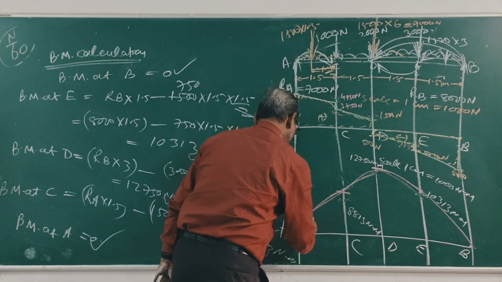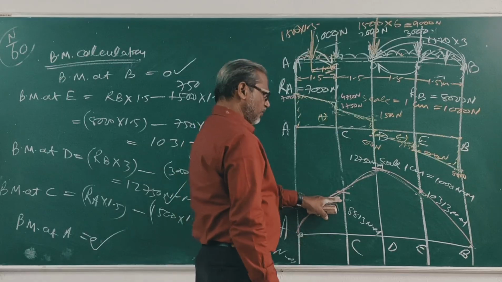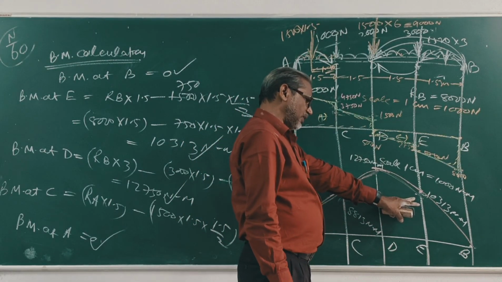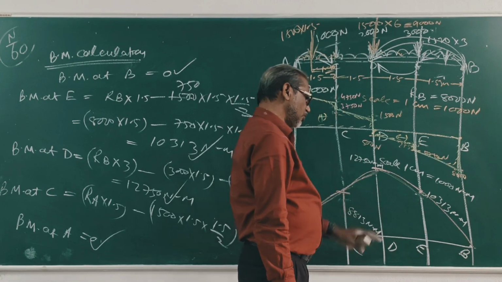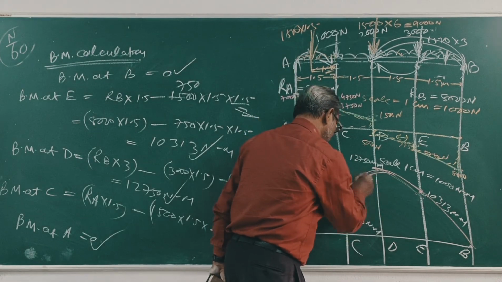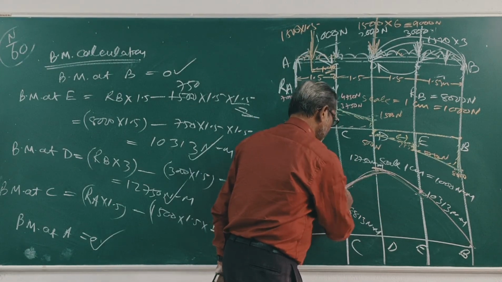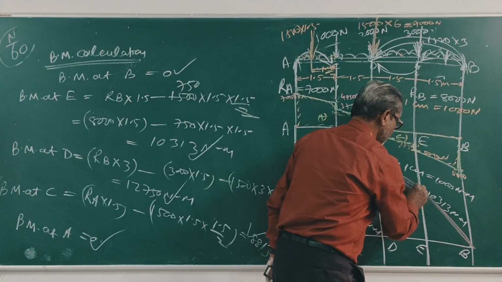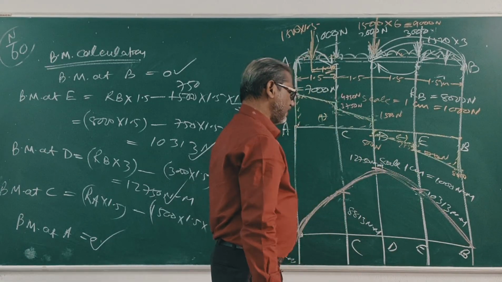This is 0, 8813 Newton meter, 12750 Newton meter, 10313 Newton meter, 0. Clear?